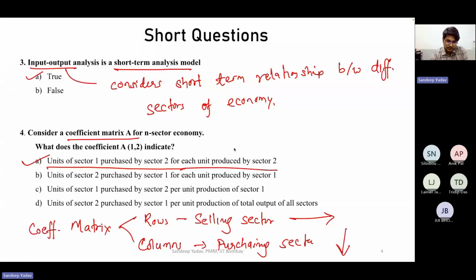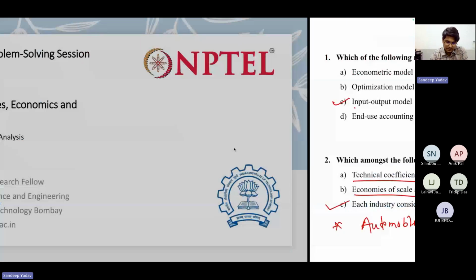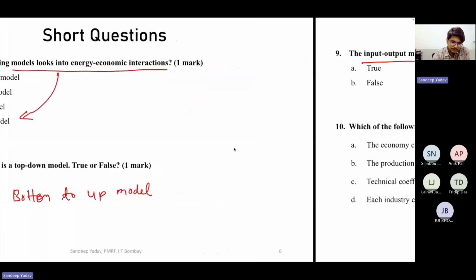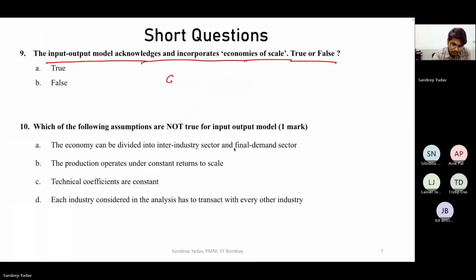Okay, so I just gave an explanation. If you go to question number 2, which among the following is not an assumption of the input output model. If you are taking the assumptions, economies of scale are ignored, that means in this analysis economies of scale are ignored in the input output model.